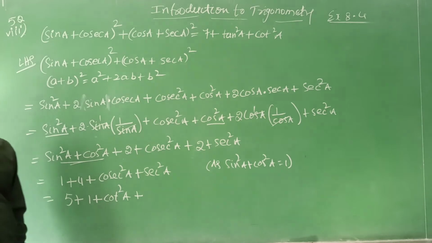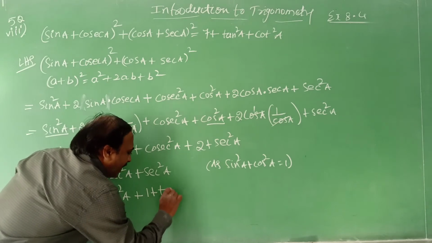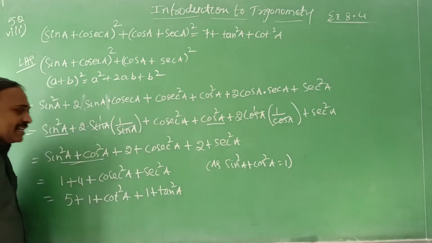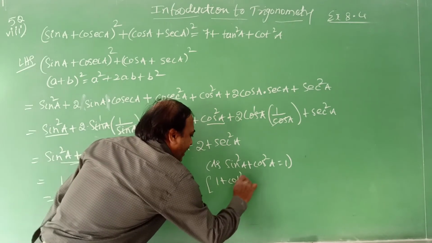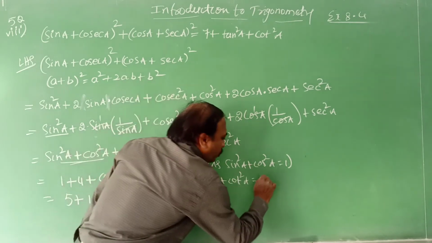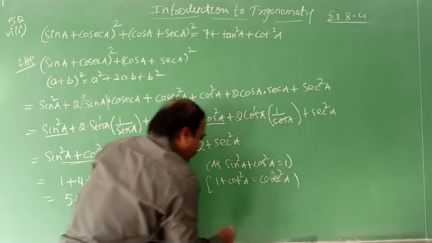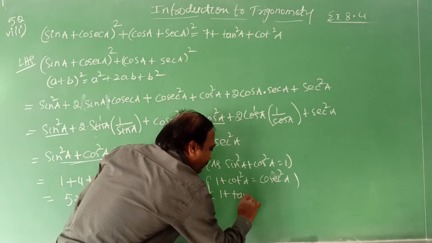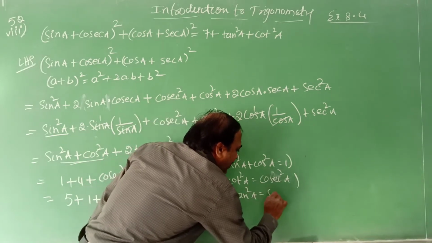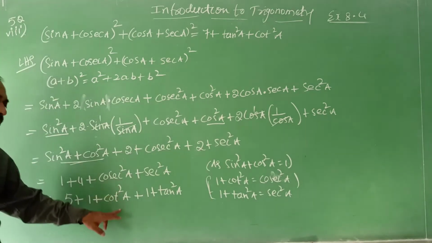Yes, 1 plus tan square A. Here we write the identities: 1 plus cot square A is equal to cosecant square A, and one more identity we used, 1 plus tan square A is equal to secant square A. These are the two identities which we use in this place.